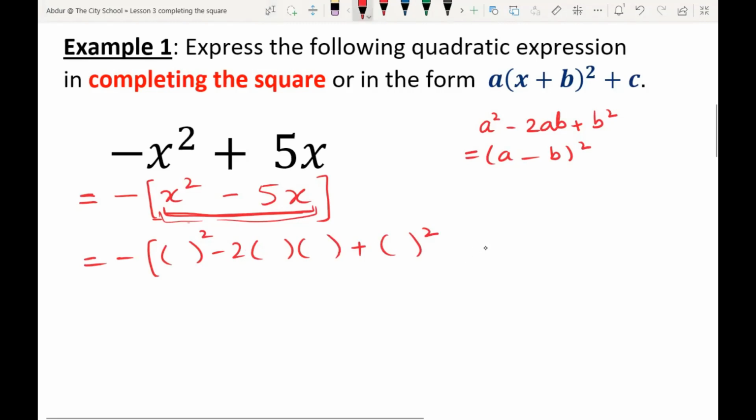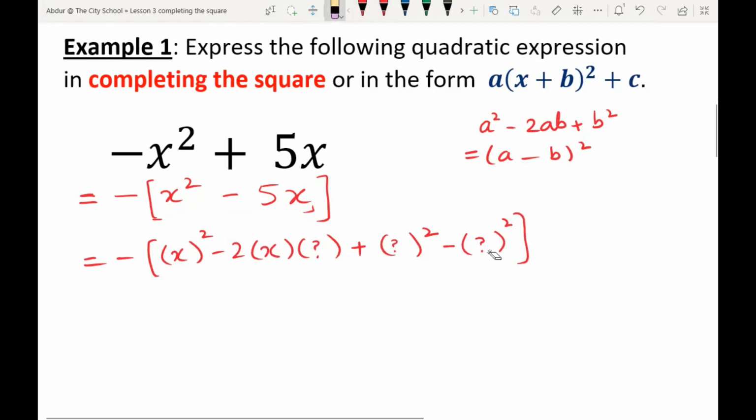So, by writing negative term minus, a square, a is x here, by putting x in the place of a, and b is unknown. So how to find b here?